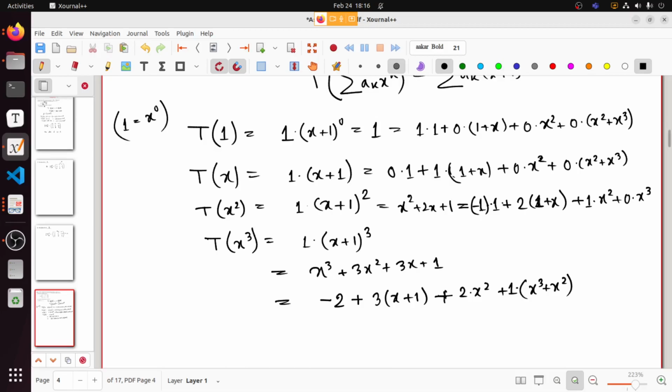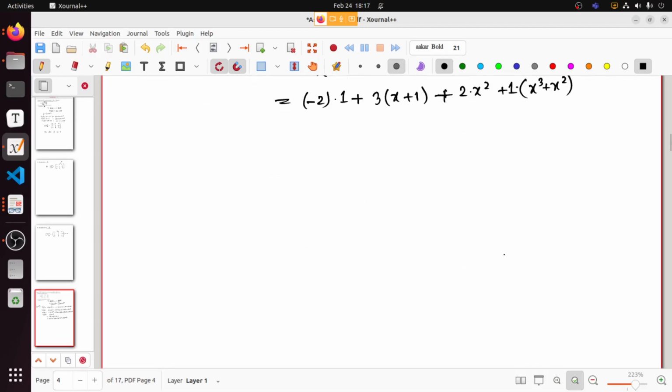Now we have to write in terms of the basis x plus 1, so we write 3 into (x plus 1), and since 3 ones are there, minus 2 is extra, so write minus 2 into 1. So all of these we have written in terms of the basis 1, 1 plus x, x squared and x squared plus x cube.